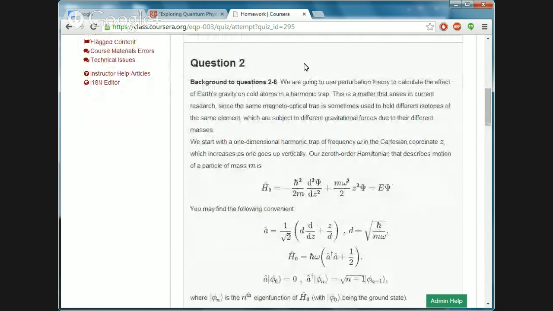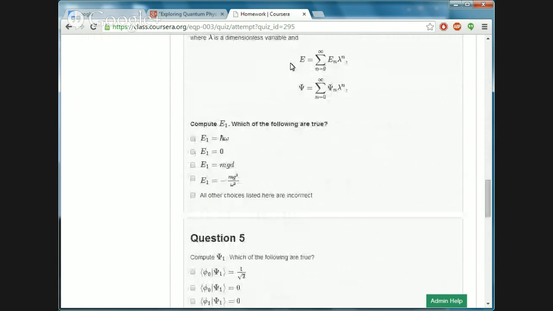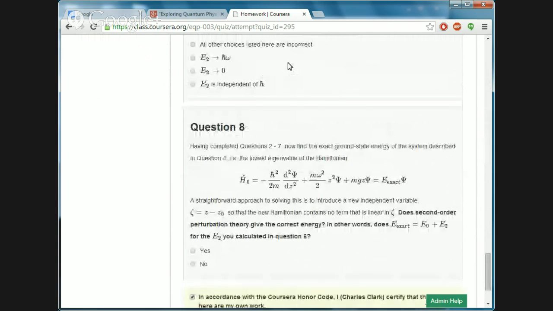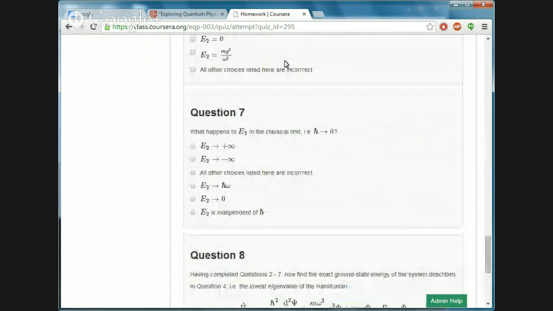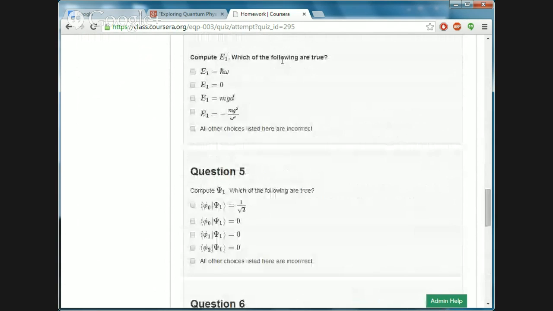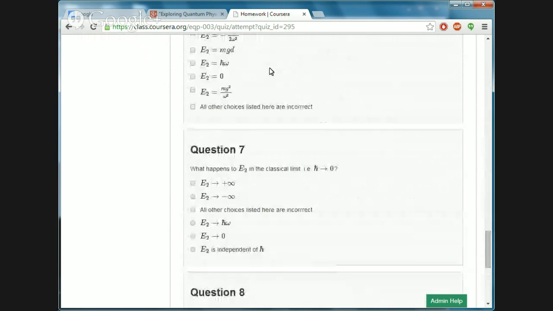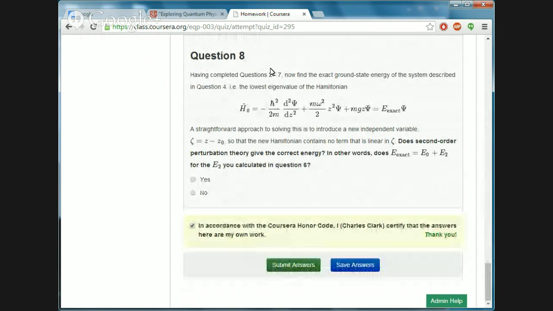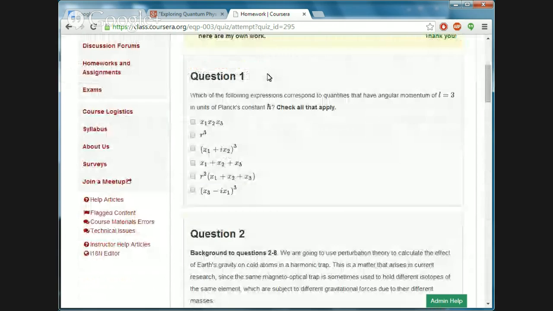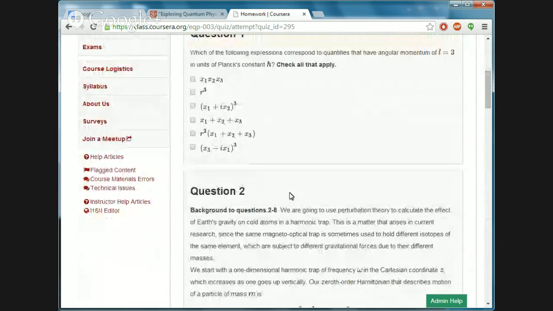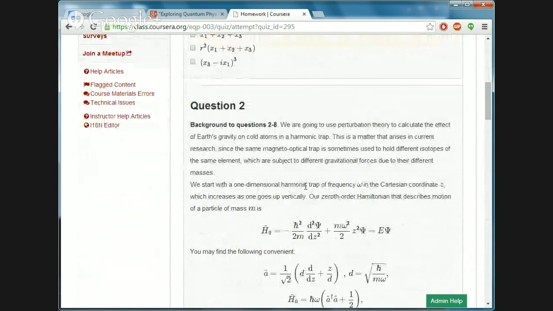Now this one, the other previous homework, the other previous lecture, dealt with perturbation theory.